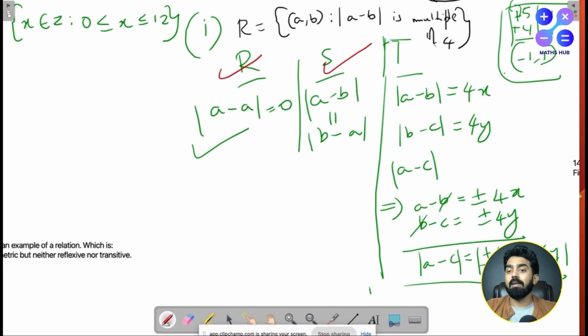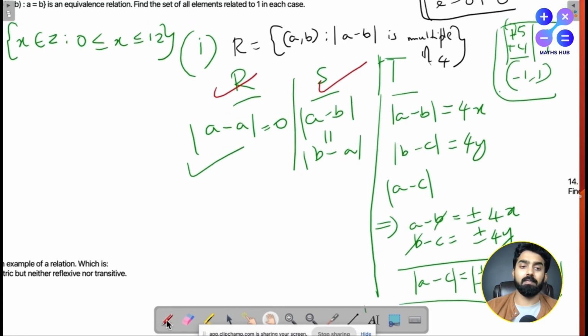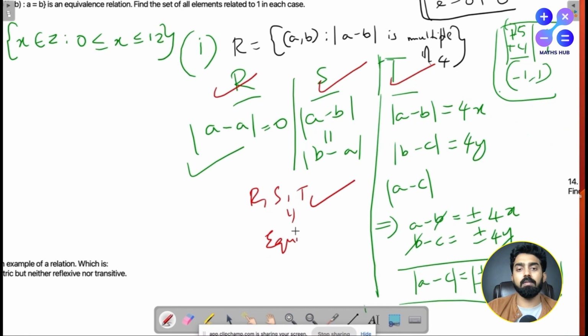But overall it is always going to be a multiple of 4. What the exact value is, we don't know. So that means it is transitive, right? So A minus B, B minus C and A minus C will all be multiples of 4. This proves that it's an equivalence relation. Reflexive, symmetric, transitive are all true, which means it is an equivalence relation.